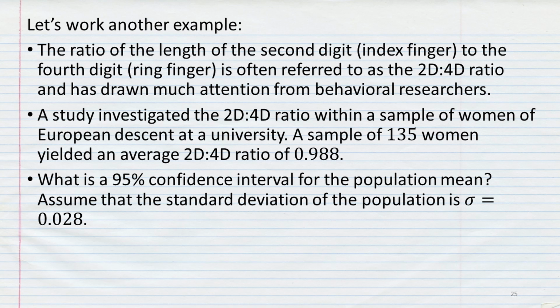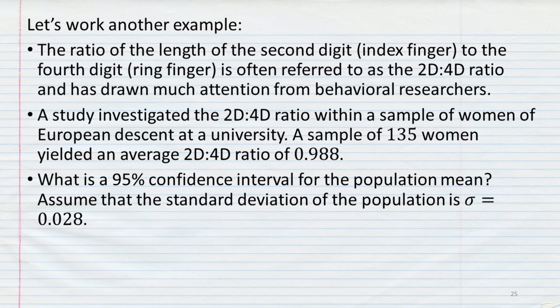Let's work another example. The ratio of the length of the second digit, index finger, to the fourth digit, ring finger, is often referred to as the 2D to 4D ratio and has drawn much attention from behavioral researchers. A study investigated the 2D to 4D ratio within a sample of women of European descent at a university.